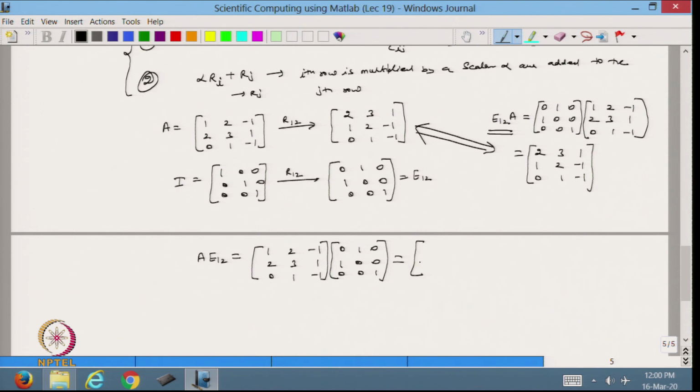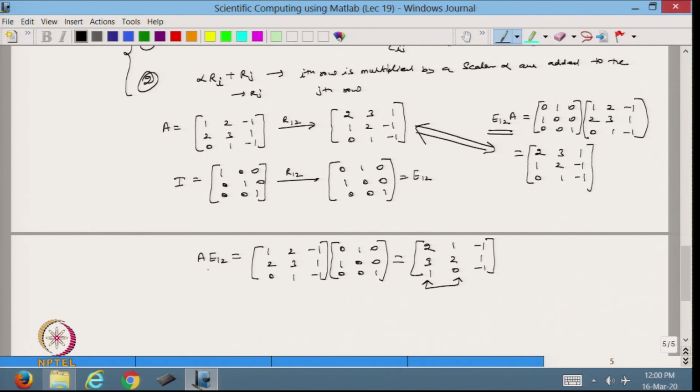I multiply this with this column. So only 2 will come, 3 and 1, then 1, 2, 0, then minus 1, 1, minus 1. In this case you will see that the first and second columns have been interchanged. Earlier it was 1, 2, 0, now it is 2, 3, 1, 1, 2, 0.